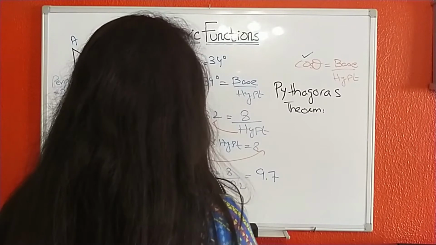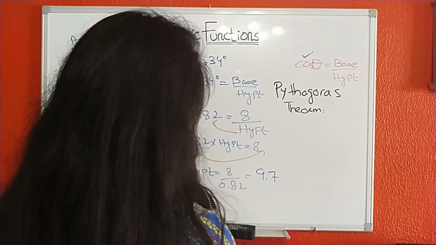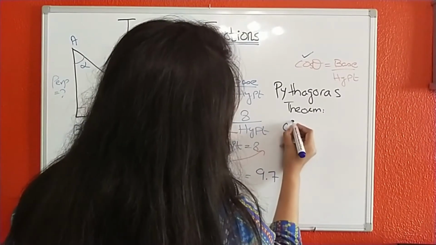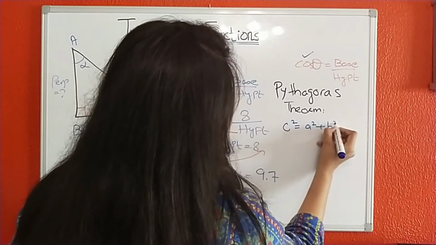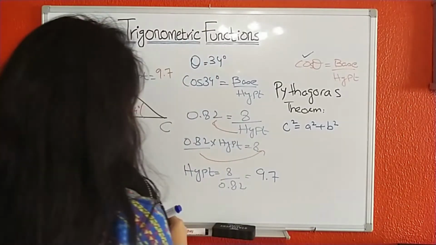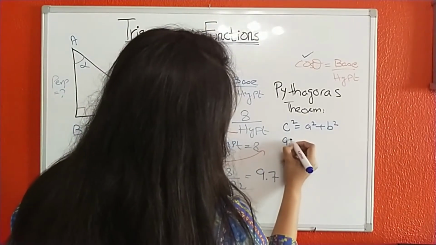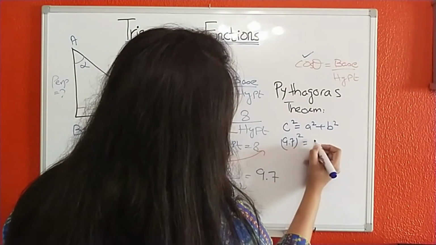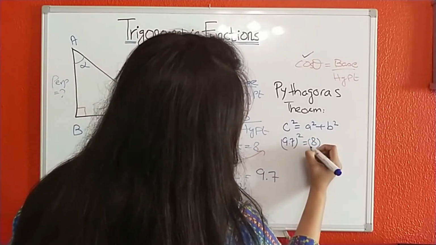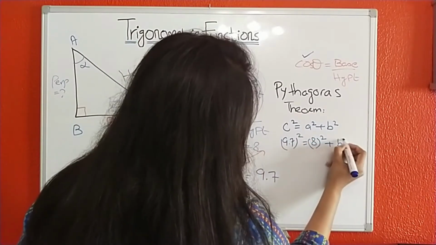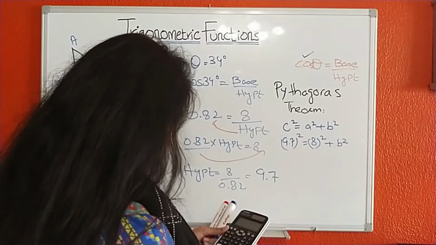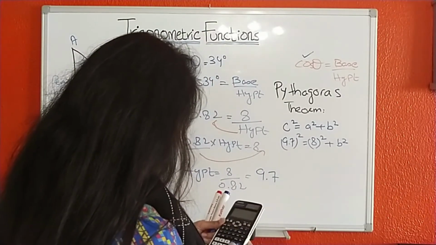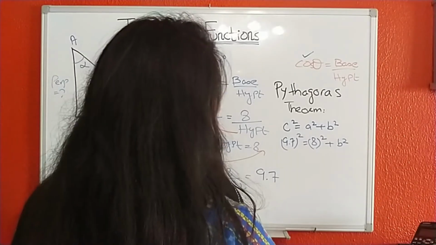As you know, Pythagoras Theorem is c square, which is hypotenuse, is equal to base square plus perpendicular square. So the value of c here is 9.7. 9.7 square is equal to, and the value of base is 8 here, plus b square. So square of 9.7, I am calculating it through calculator. 94.09.